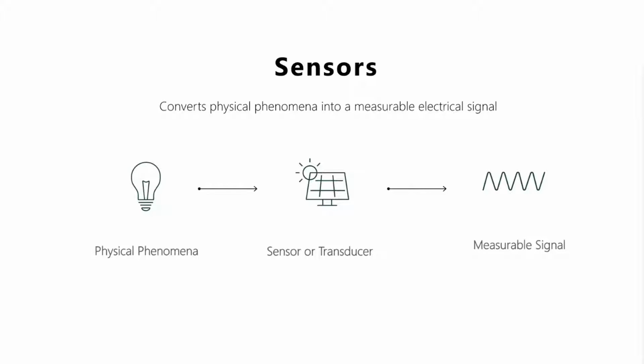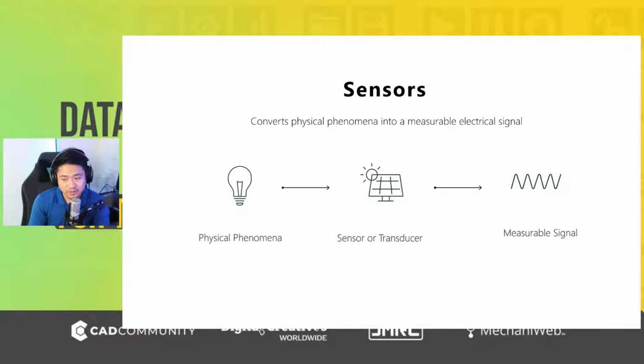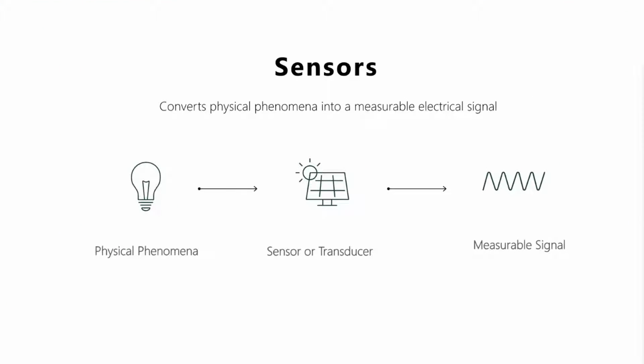So let's identify the first item of your data acquisition system, the sensor. As we have mentioned, the sensor converts a physical phenomenon into a measurable electrical signal. Sensors convert physical phenomena such as light, temperature, pressure, position, and sound into a measurable electrical signal, such as a voltage or current.